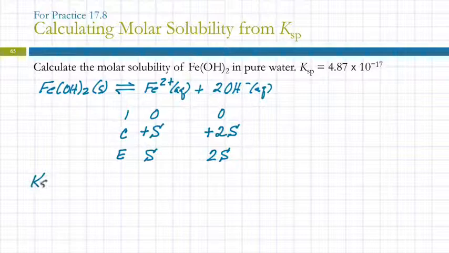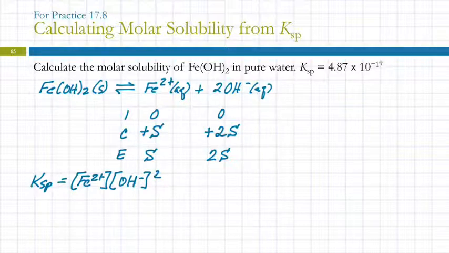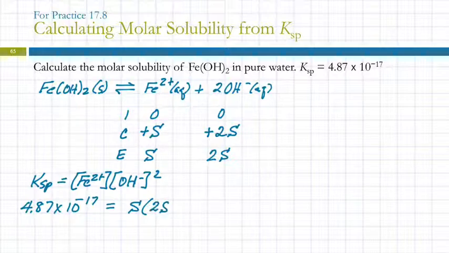So KSP equals Fe2+ ion concentration times hydroxide ion concentration squared, right? So I've got the KSP value, 4.87 times 10 to the minus 17, and that's going to equal S times the quantity 2S squared, which is 4S cubed, right?